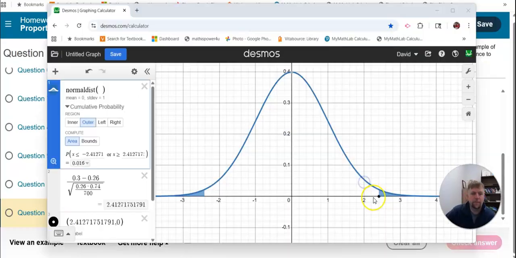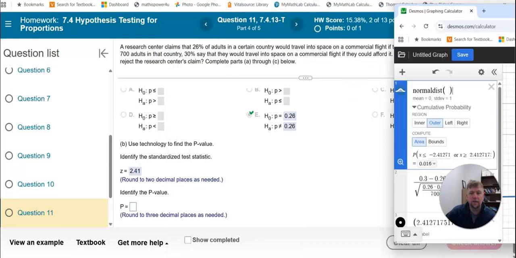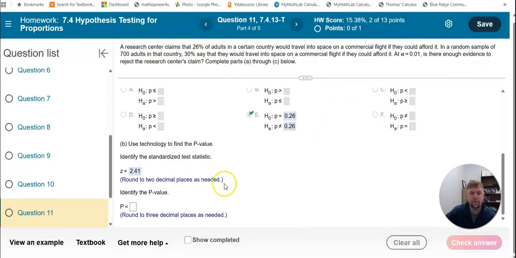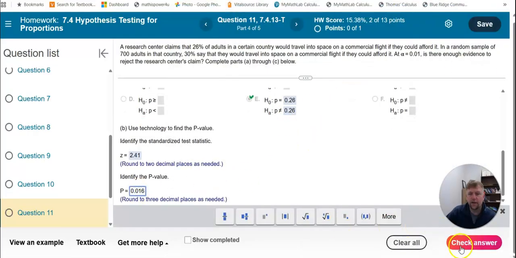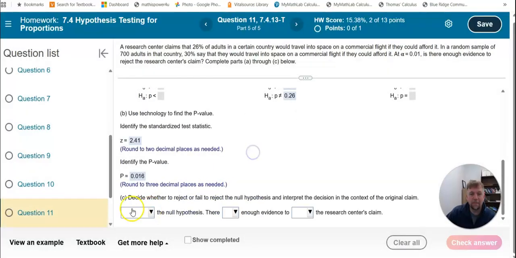Again, this is that test statistic, the area in the tail to the right, but also doubled because it's a two-tailed test, not equal to. So it's also that same area in the left tail, and that's the p-value. Okay, so there's my p-value, and I can see that that p-value, 0.016, is above alpha.